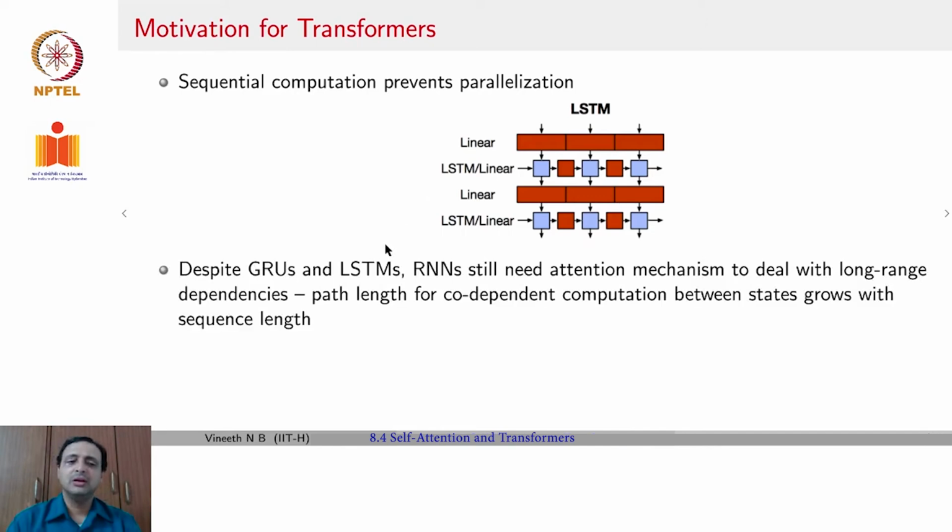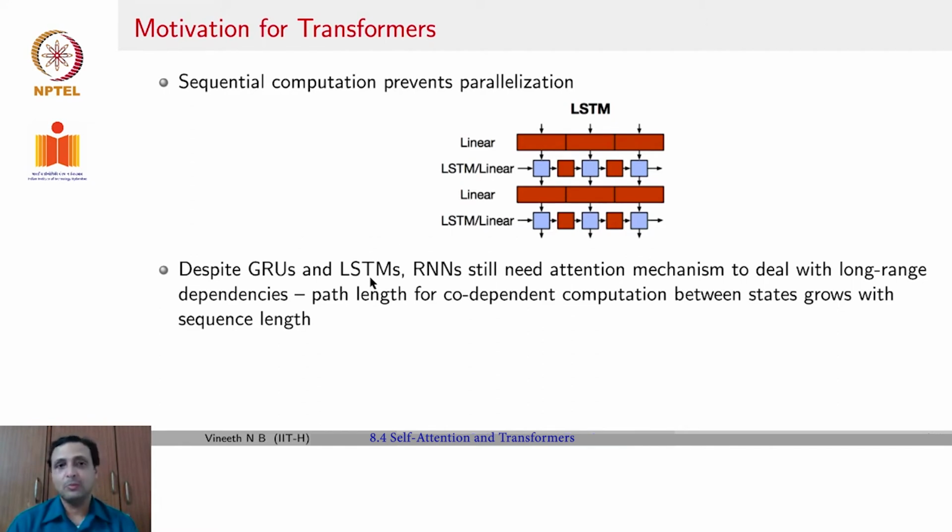Further, despite the availability of GRUs and LSTMs, RNNs can only maintain information for a limited period of time. If you have a very long time series data, for example, a chapter of a book, will an RNN, or a GRU or an LSTM, hold the information for a very long time series? Possibly not.